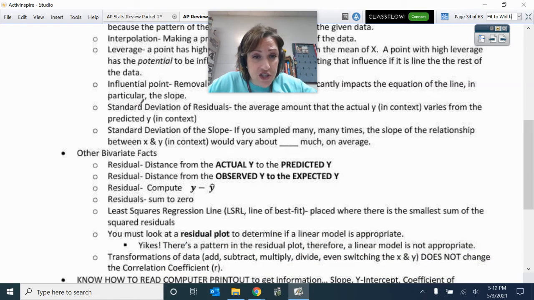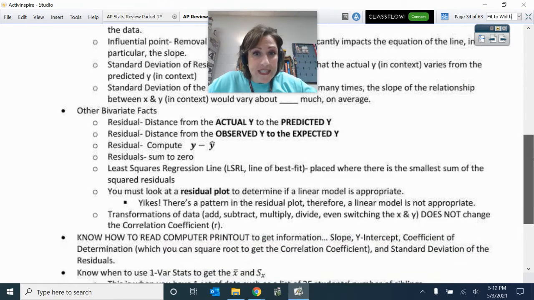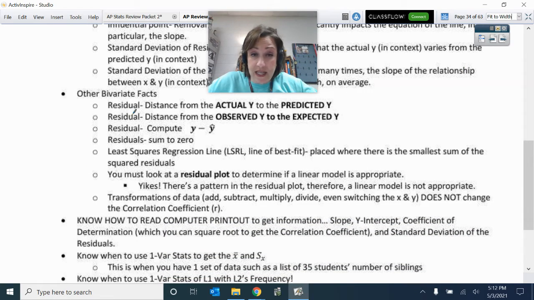And remember our standard deviation of residuals, the average amount that the actual y is varying from the predicted y, and that standard deviation of the slope. If you take many samples, then the slope would vary about this much on average. Now, remember we did our residual things before when we practiced. Actual y minus the predicted y. Also, your observed y minus what's expected to happen.